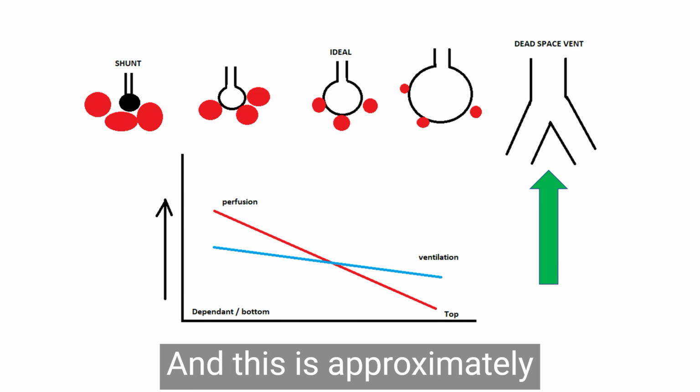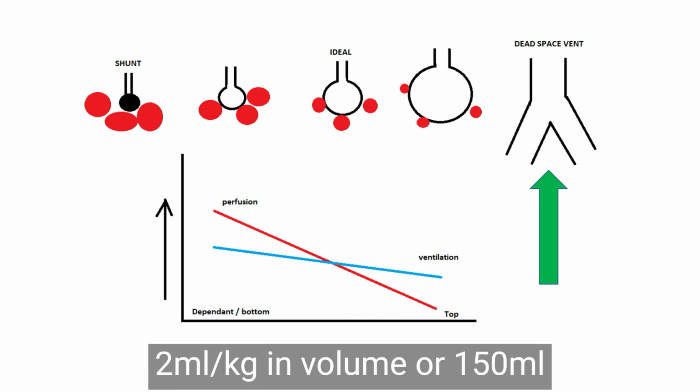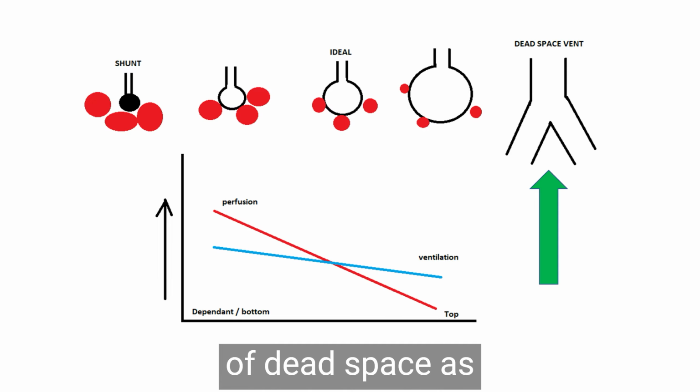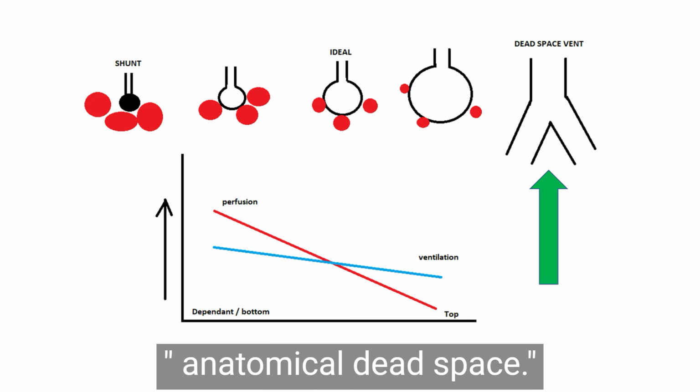This is approximately 2 mL per kilogram in volume, or 150 mL in the average adult. We refer to this type of dead space as anatomical dead space.